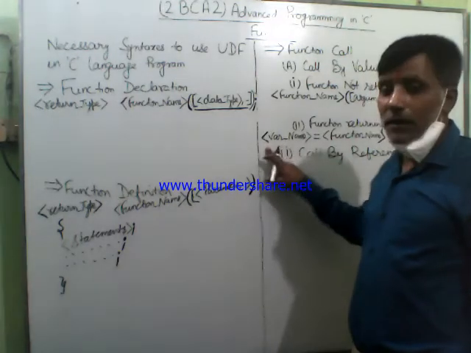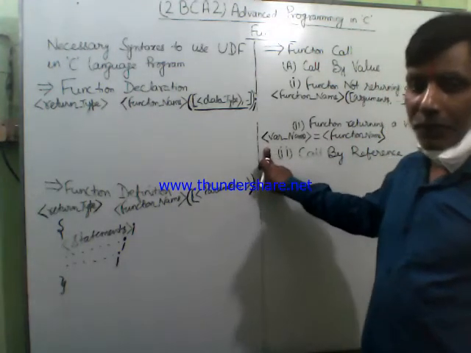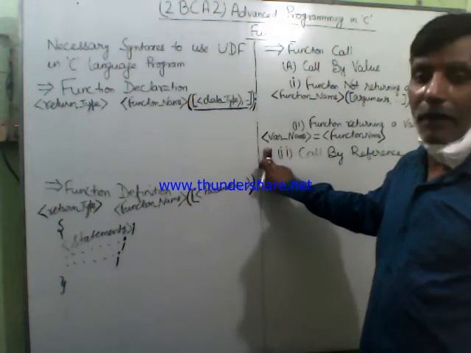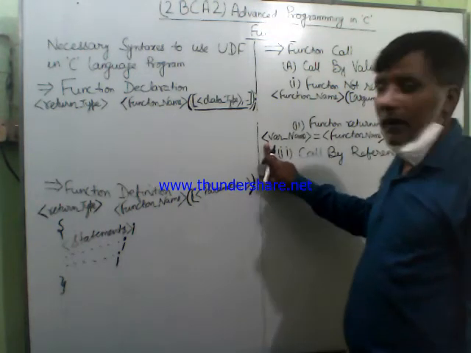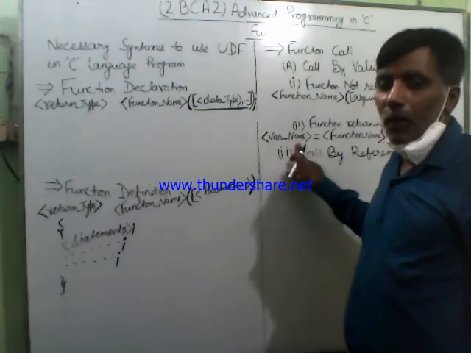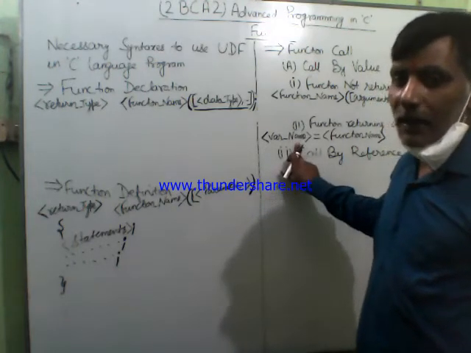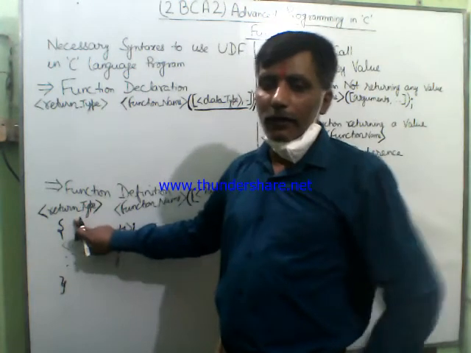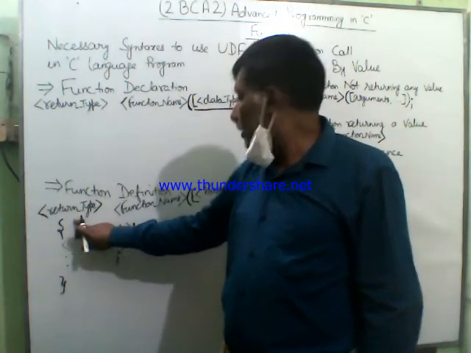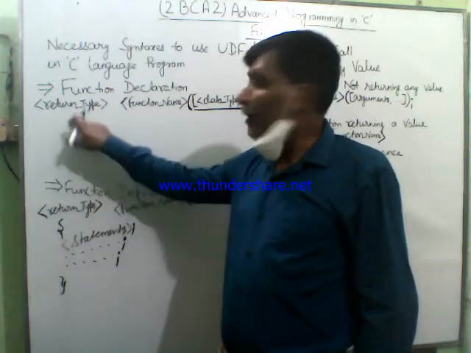The syntax starts with the var name. You have to write here a variable name, and remember you have to write such a variable name whose type matches with the return type of the function that you have written while performing the function definition and function declaration.